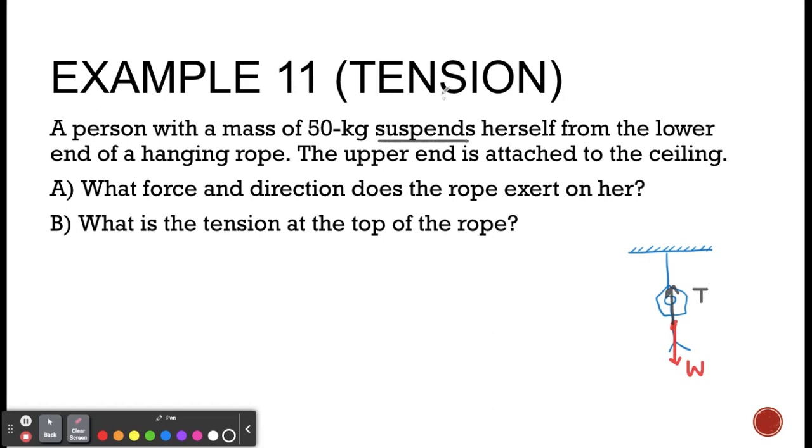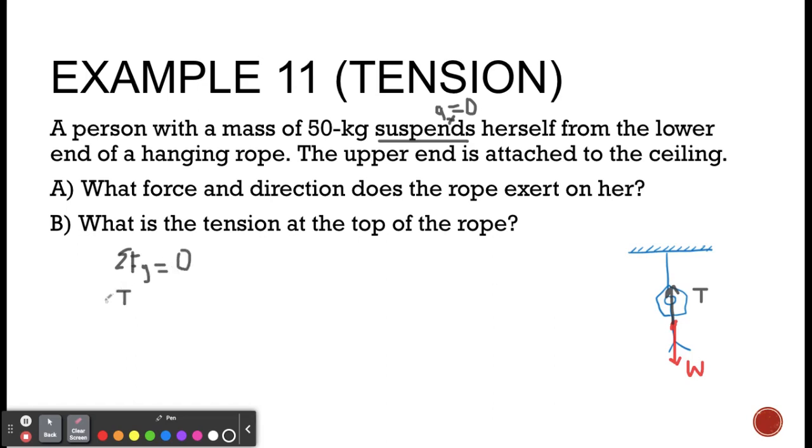Suspend means that there's no acceleration, either in the x or the y. It's not accelerating, it's stationary. Newton's first law tells us that objects that stay at rest want to remain at rest. There is no acceleration. So we can find the force and the direction that the rope exerts on her by using Newton's second law in the y, and setting the net force equal to 0.